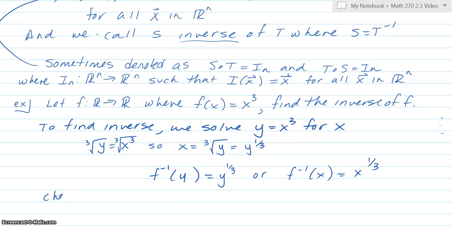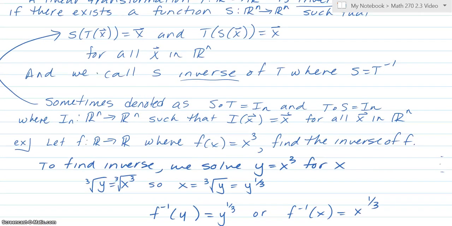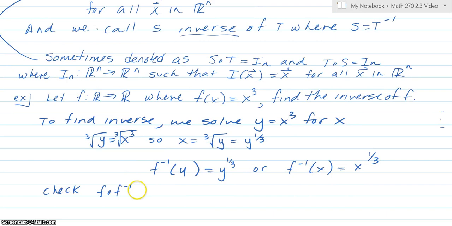So let's check this. Actually, I'm doing the second one first, aren't I? Which is the same as f of f inverse of x. What is that equal to? Well, f inverse we found out was x to the 1/3, and I'll plug that back in for f. There it is.